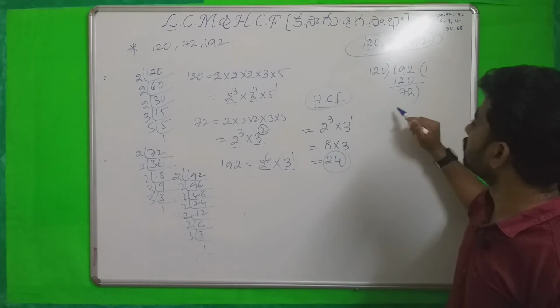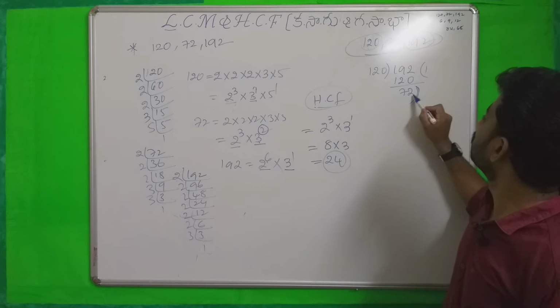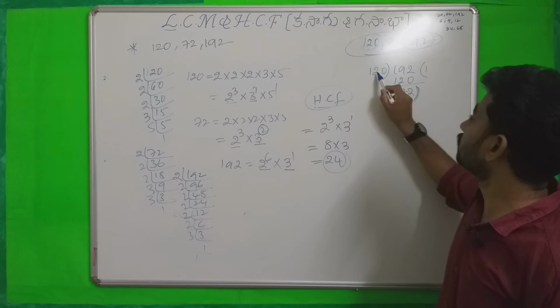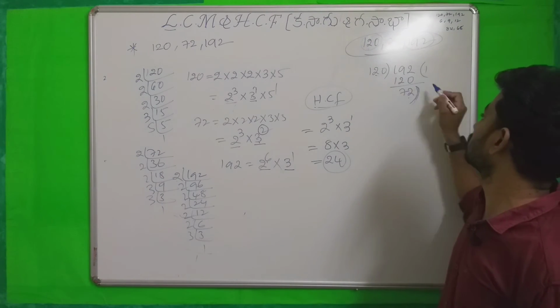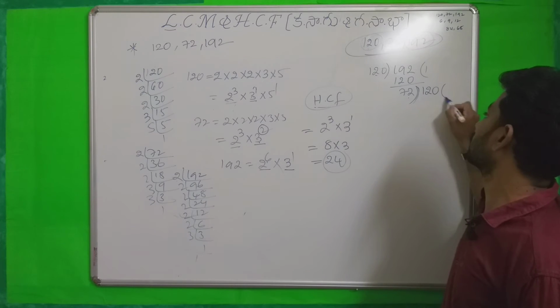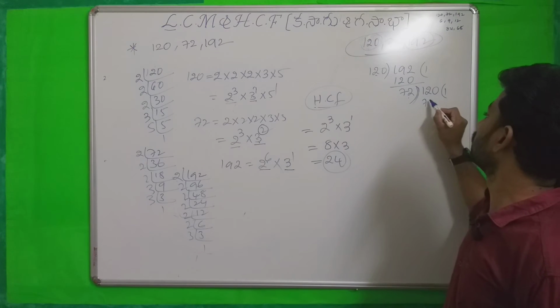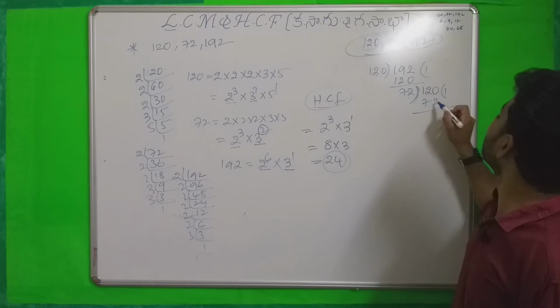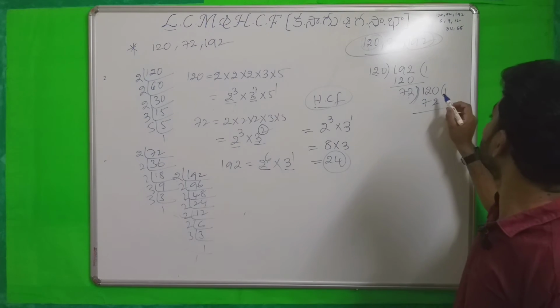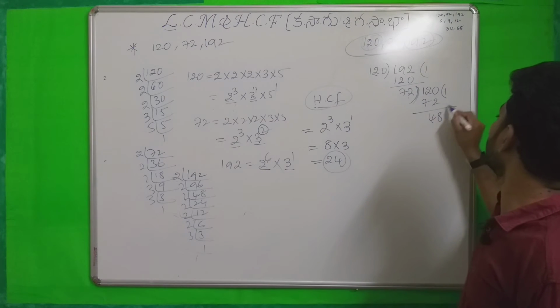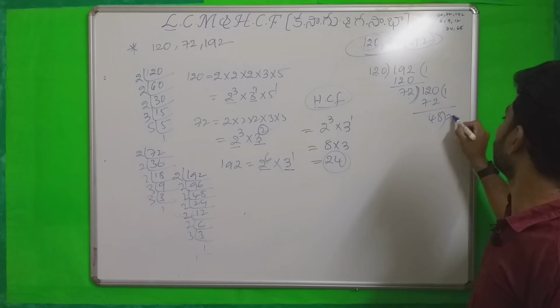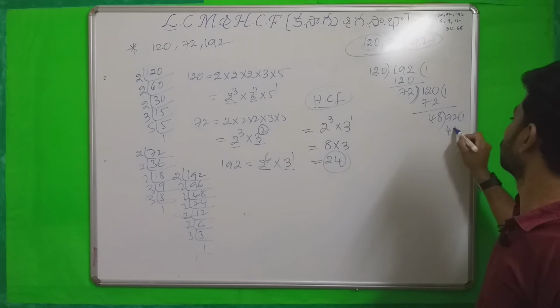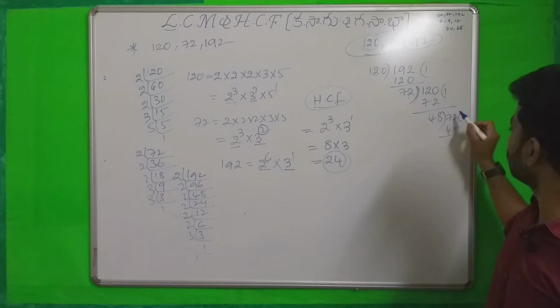So now the process is this: the previous divisor becomes the dividend, and the remainder becomes the divisor. So what is the dividend here? 120. 72 1s are 72. Okay. So now here we are getting 48. Fine. Directly I am writing 48. Next, 72 and 48: 48 1s are 48. Okay.